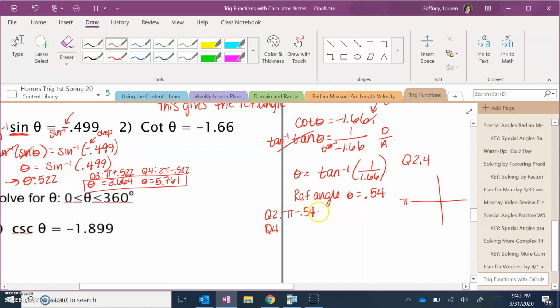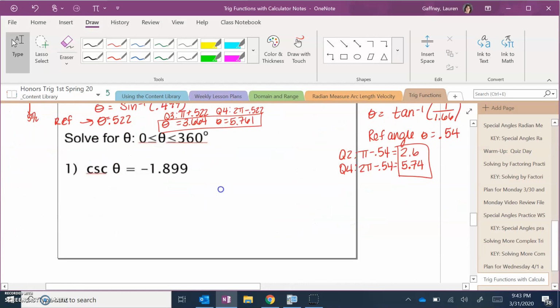So if we do that, I think I rounded pi when I did this. I just did 3.14. It's totally up to you, but I have 2.6. Once again, if you're close to that, totally fine. Then to get into quadrant 4, let's take 2 pi and subtract the reference angle. Once again, depending on how you round this, your answer might be slightly off. Don't fret about that at all.